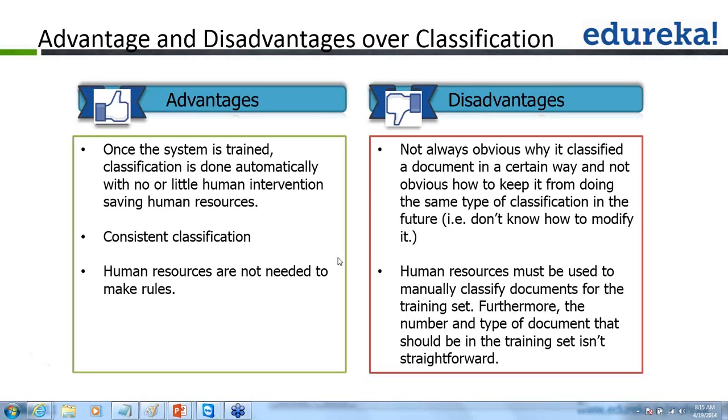If you don't take care of your feature metrics properly, it could be a disadvantage. Also, human resources must be used to manually classify documents for the training set. In classification problems you have the data, and you are the one who defines that this much of the data will be used for training and this much for testing. That is a little bit of a disadvantage.